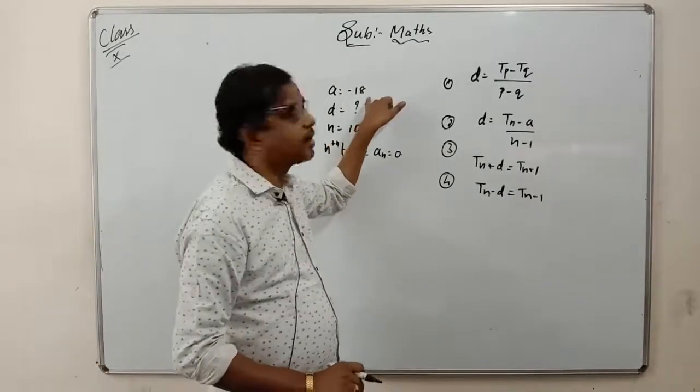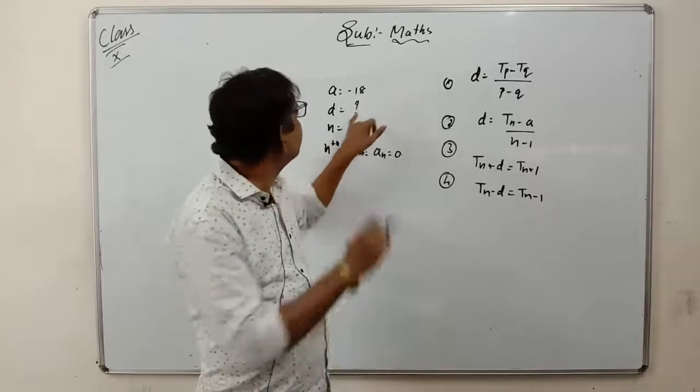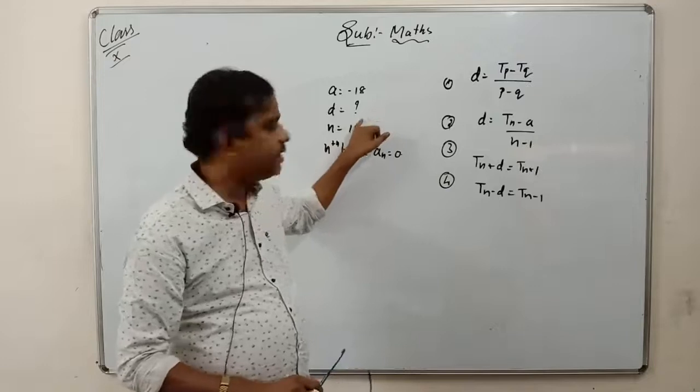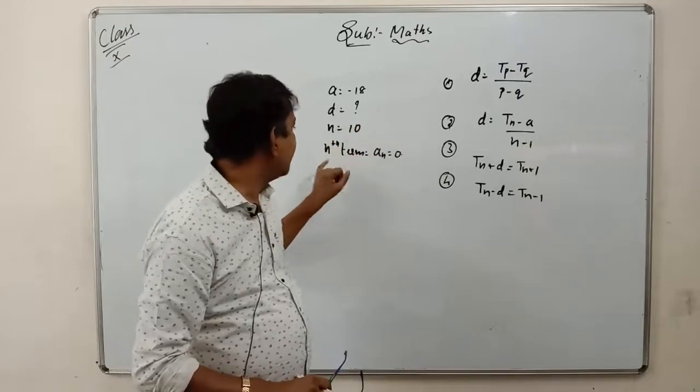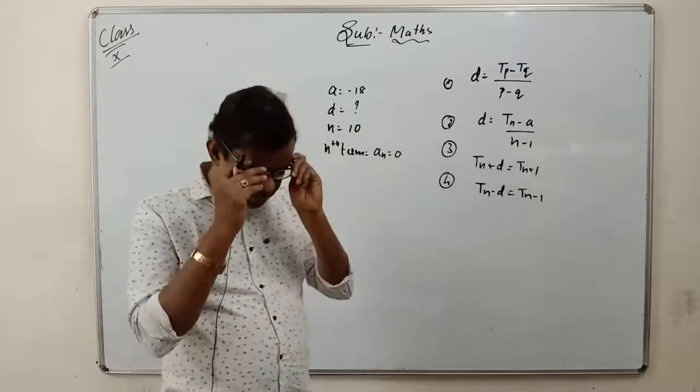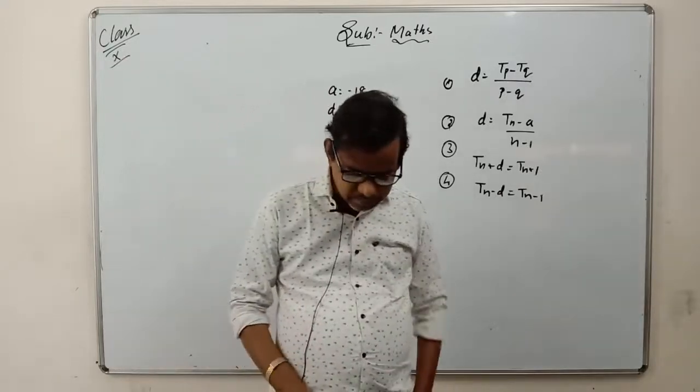He has given A equals minus 18, D equals, we don't know what is the value of D, and he has given N equals 10, and nth term he has given An equals 0. So what to find now? Let us see.